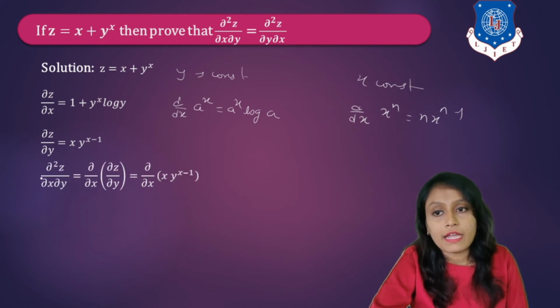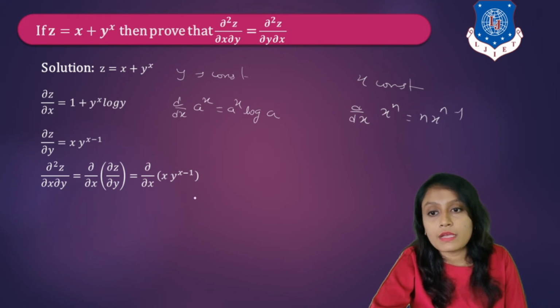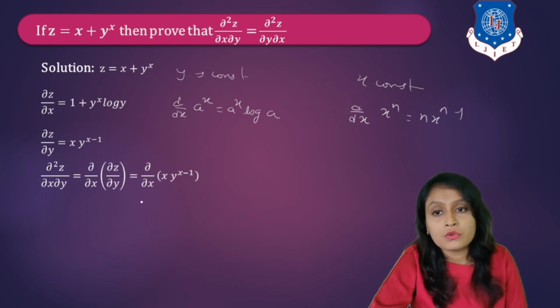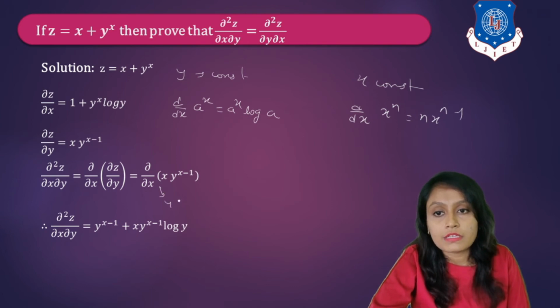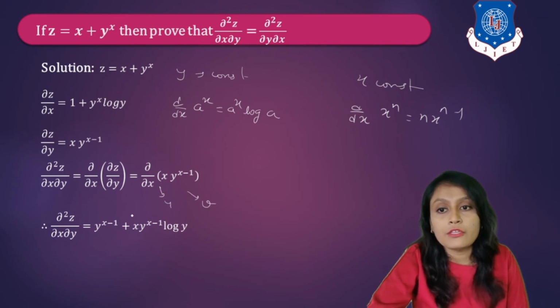Next, we will find del square z by del x del y, that is del by del x of del z by del y. Okay, so del z by del y is x into y raised to x minus 1. Now we have to take the derivative of this term with respect to x. Okay, so on taking the derivative, consider this term as u and this as v and apply the uv rule.